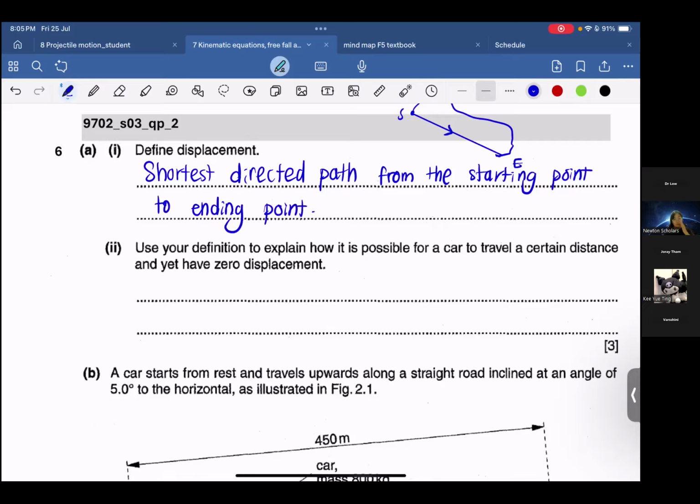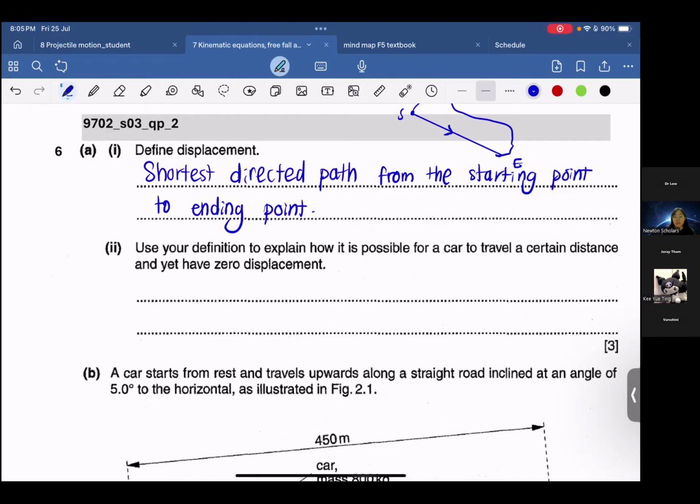Okay. Next question. I want you to think. Use your definition to explain how it is possible for a car to travel a certain distance and yet have zero displacement. I told you the car is traveling, but then how come it gets a zero displacement? Any of you can type your answer and tell me how come?